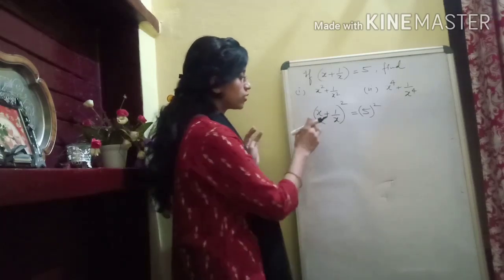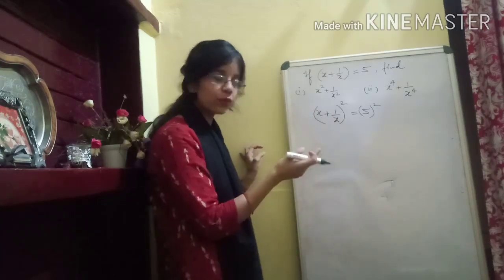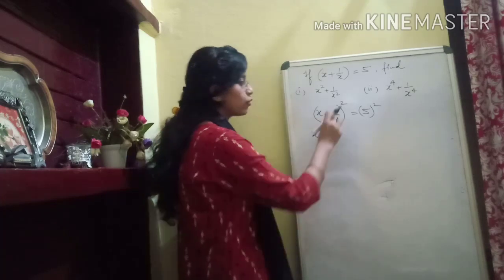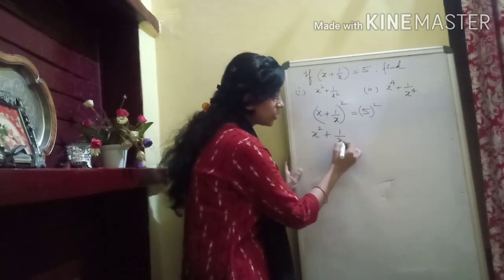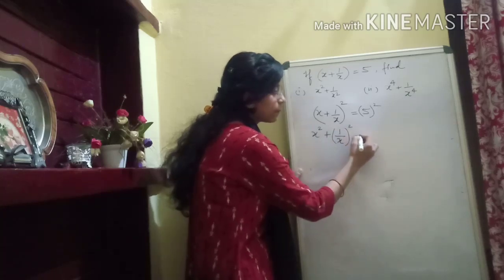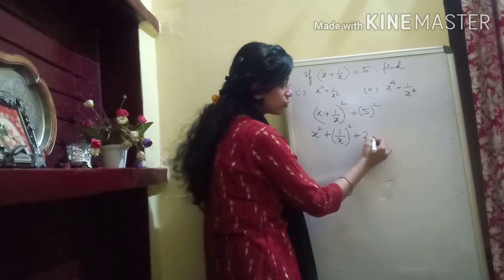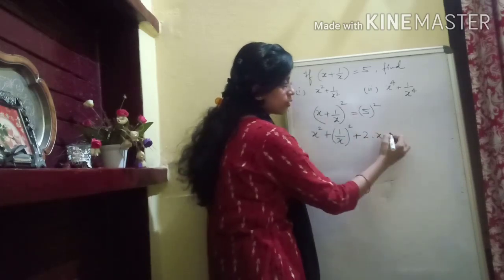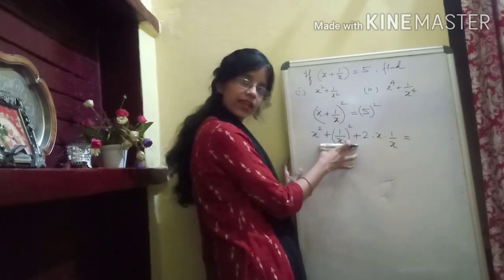So here a plus b whole square would be a square, that is x square, plus b square. What is your b? 1 upon x, and when you square it, it will be simply 1 upon x whole square, plus 2 into a into b. So 2 into a is what? X, into b is what? 1 upon x. So this is how we have opened the identity on the left hand side.